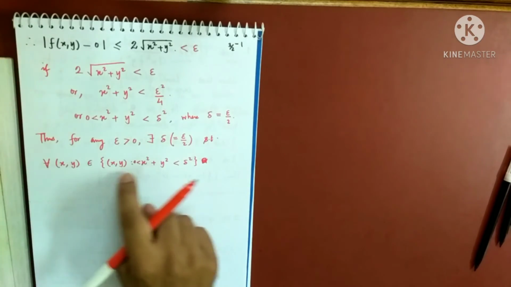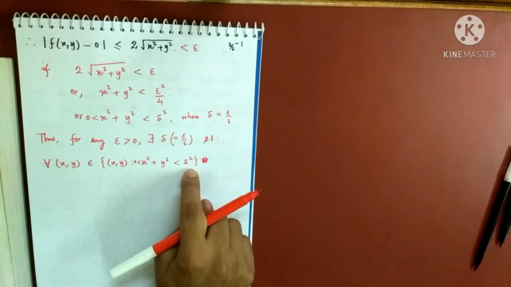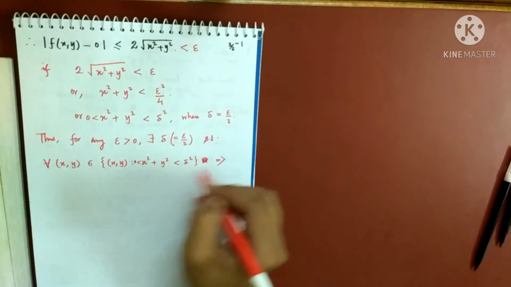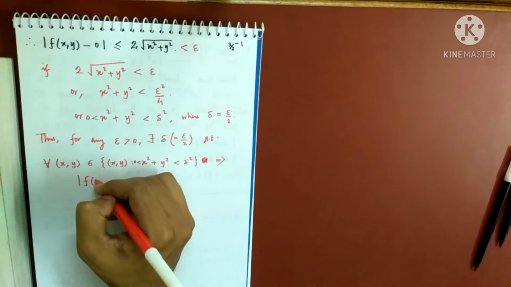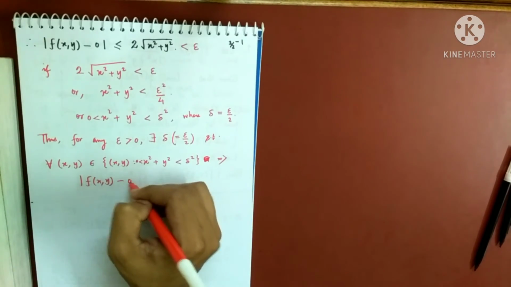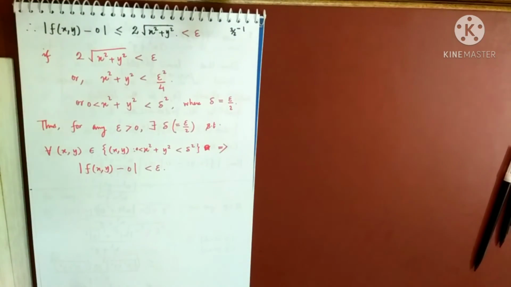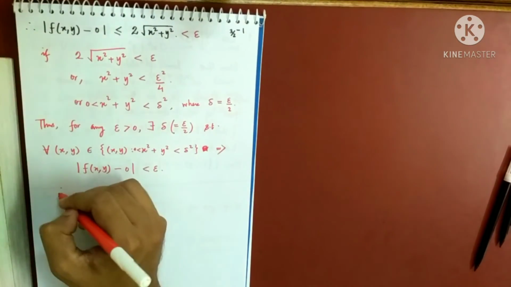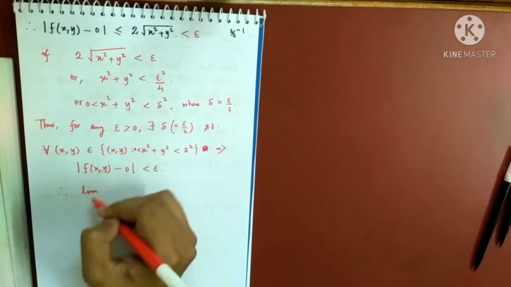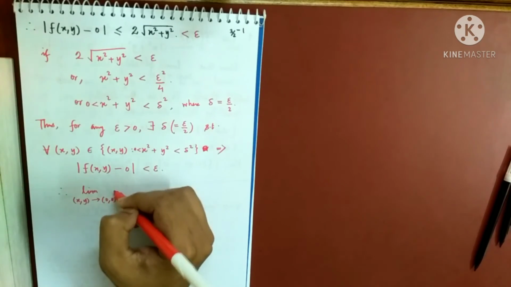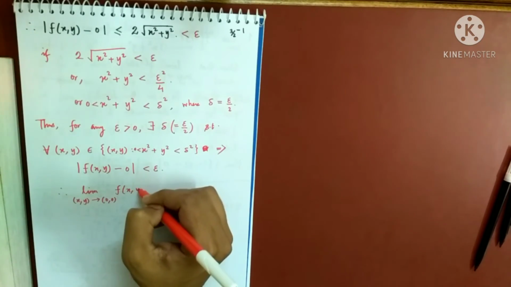So for all x comma y in this circular neighborhood, modulus of f(x,y) minus 0 is less than epsilon. So just by definition, this proves that the limit as x comma y tends to 0, 0 of f(x,y) is 0.